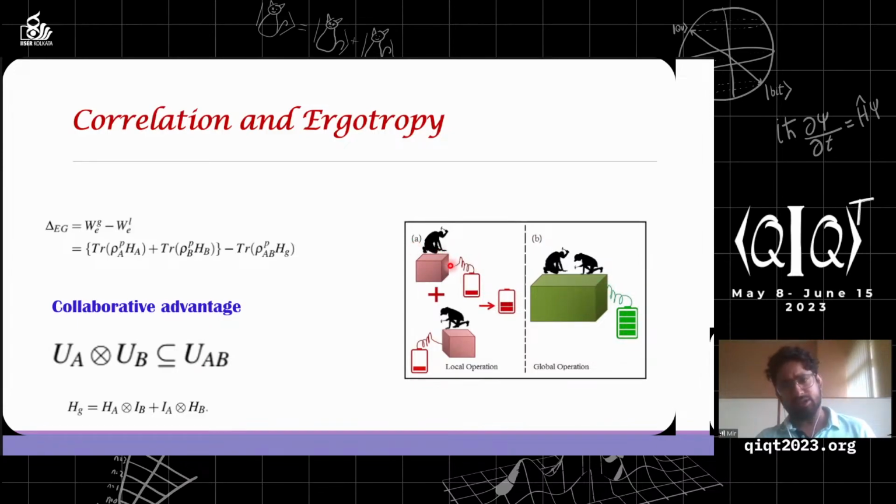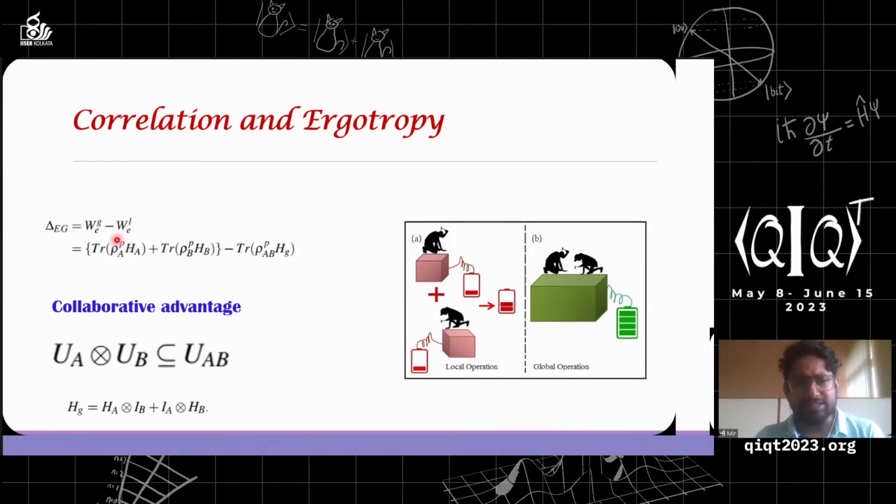They can extract work locally and try to store it. But you understand, the only operation is a unitary. Obviously, the set of global unitary operations is larger than the local unitary set. So this is the global ergotropic work and this is the local ergotropic work. It is very obvious that the ergotropic gap would always be greater than 0.